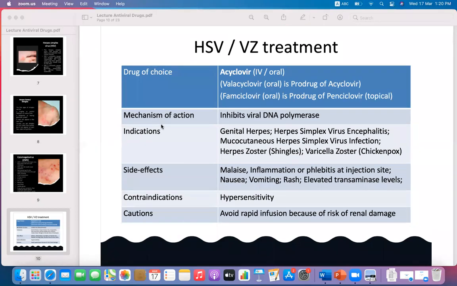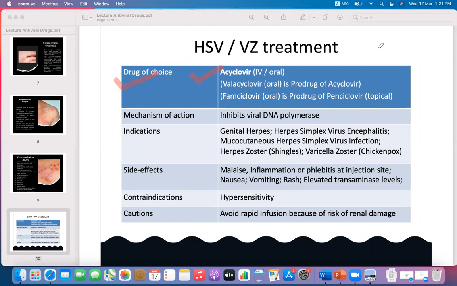Herpes simplex virus and varicella zoster treatment: the drug of choice is acyclovir, which can be given by the oral route or as available intravenous formulations.